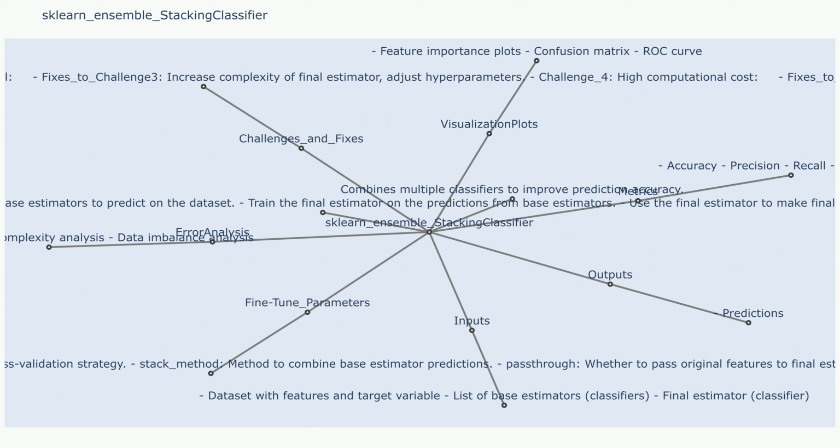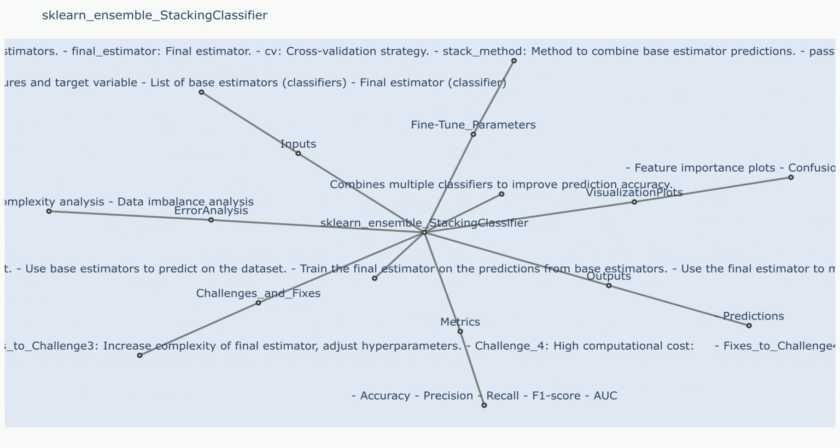Metrics. Accuracy measures the proportion of correctly classified instances. Precision measures the proportion of true positives among all positive predictions. Recall measures the proportion of true positives among all actual positive instances. F1 score: the harmonic mean of precision and recall.